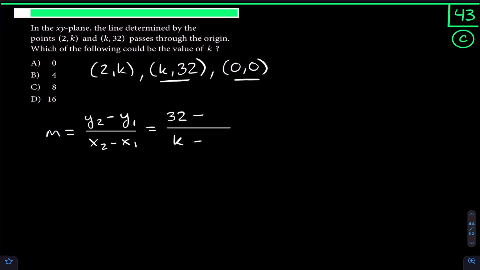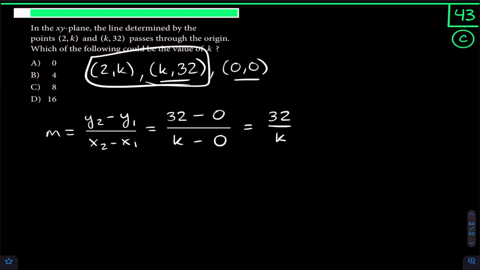And then I'm going to have minus minus. These are both zeros, so that actually makes my life really easy. I know that the slope is 32 over k. That's why I chose the origin point. I didn't want to choose both of these because that's going to be really gross. I even showed you what it would be before. It's not fun.